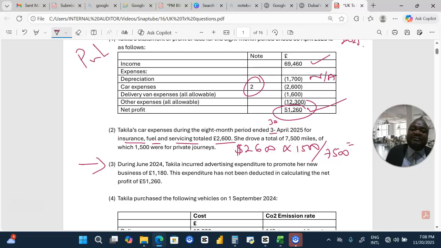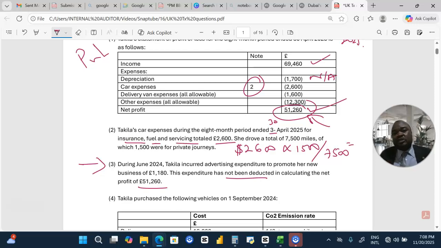So the examiner is saying these expenses have not been deducted in arriving at this particular figure. Those expenses were not included.